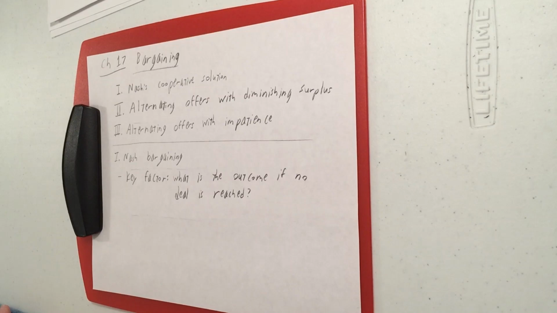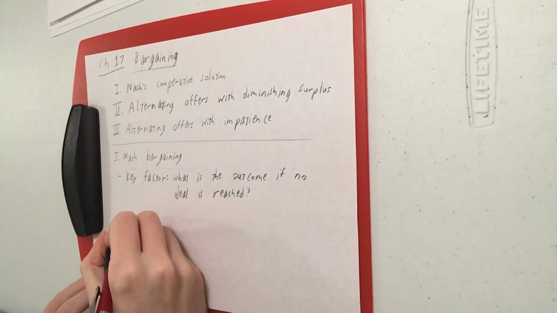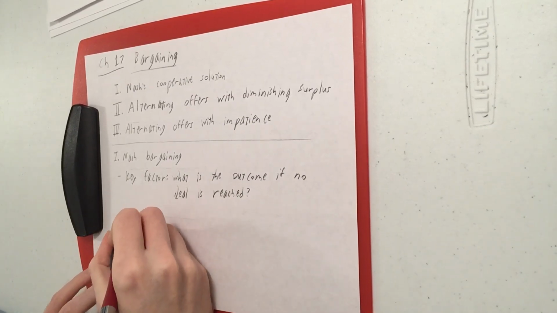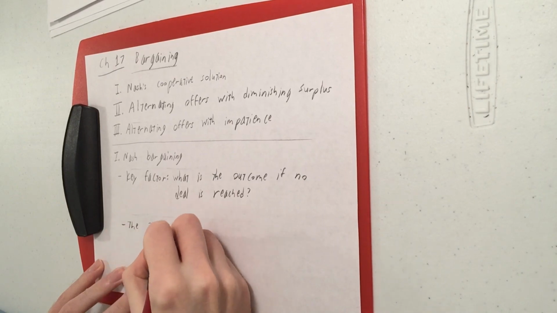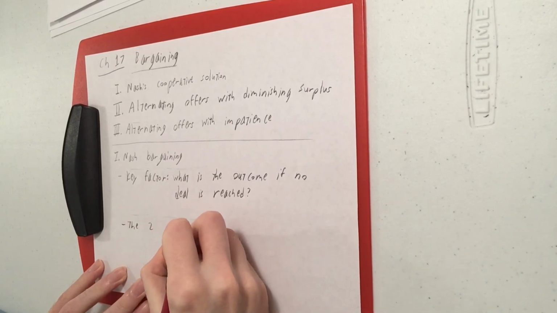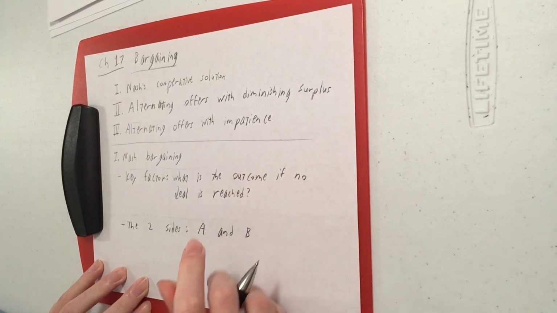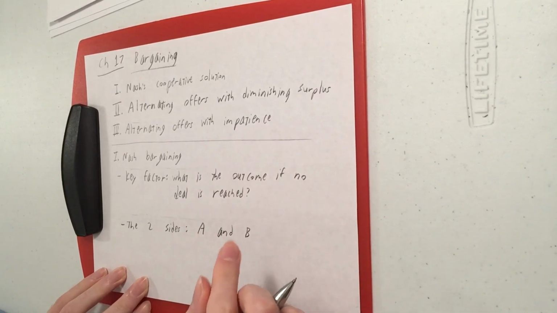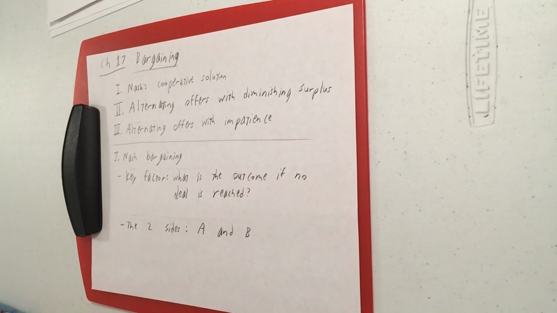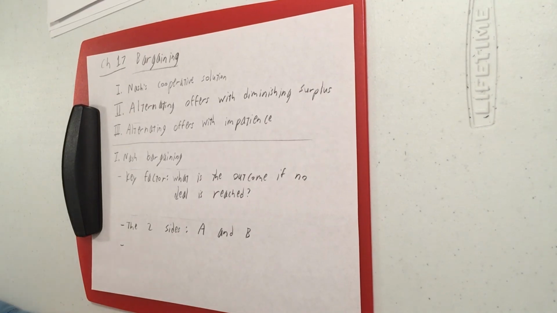So let's introduce some notation. A and B are negotiating, so this could be the university and this could be the union or something like that. And we're trying to allocate something, we're trying to allocate some amount of money.